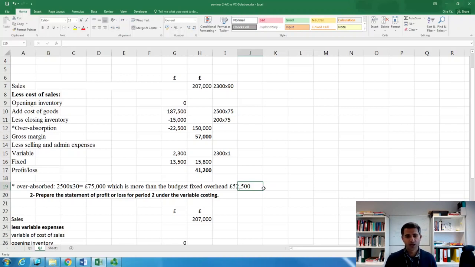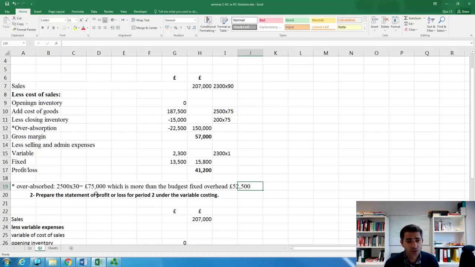What does over absorbed mean? This means we produced more units for period 2. Why? Because the production overhead absorbed for period 2 is higher than the actual, calculated based on the units or the budgeted units.